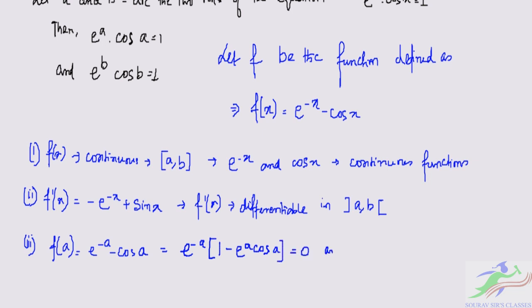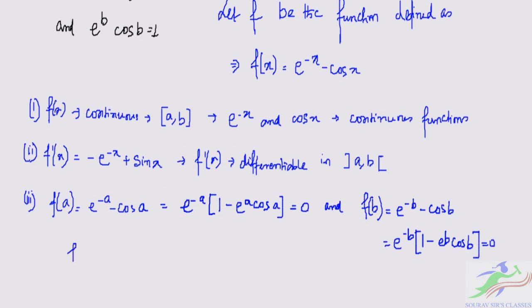Similarly f of b is e to the power minus b minus cos b, which is e to the power minus b times 1 minus e to the power b cos b, equal to 0. So we can infer that f of a equal to f of b, equal to 0.